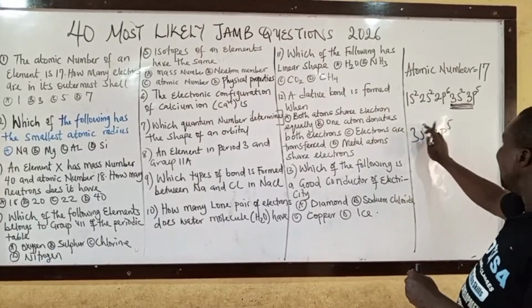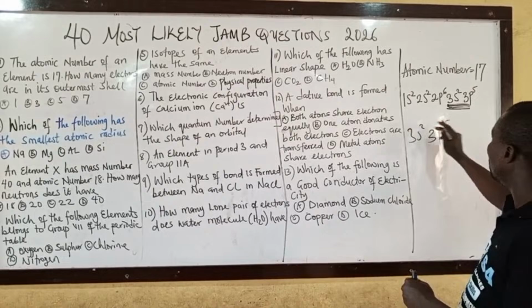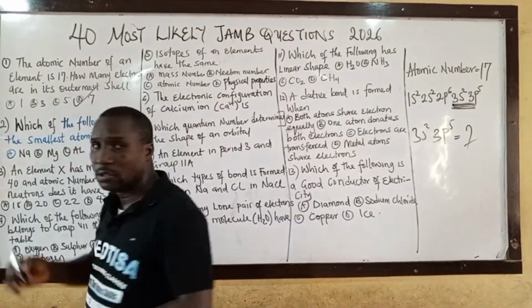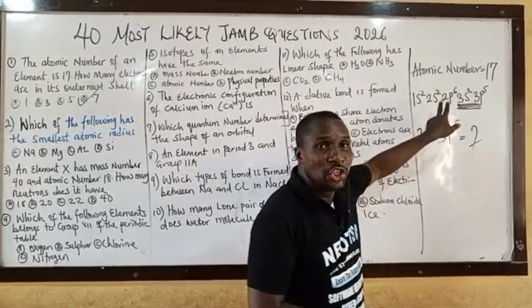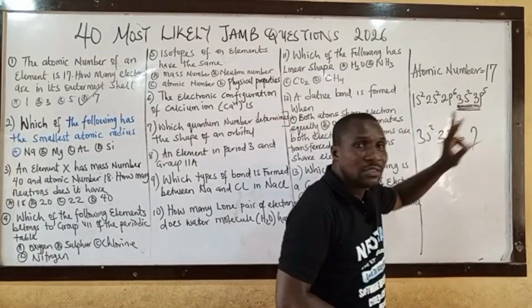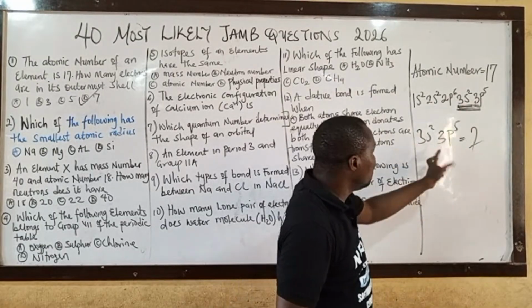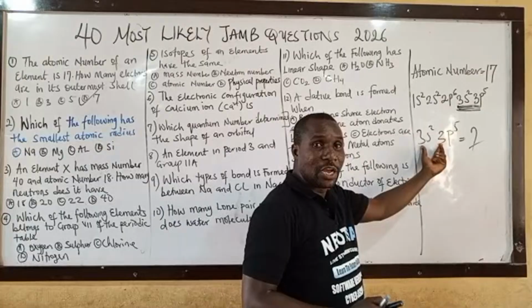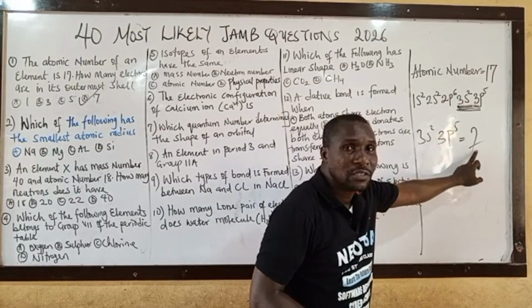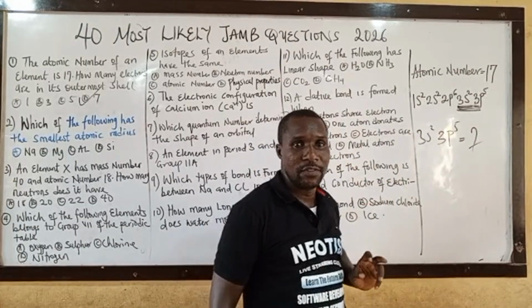Then how many electrons are on the last shell? 2 plus 5, 7. That means the option is D. How many shells does it have? 3 shells. The third shell is the last shell. How many electrons are on the third shell? 7. Take note of that.